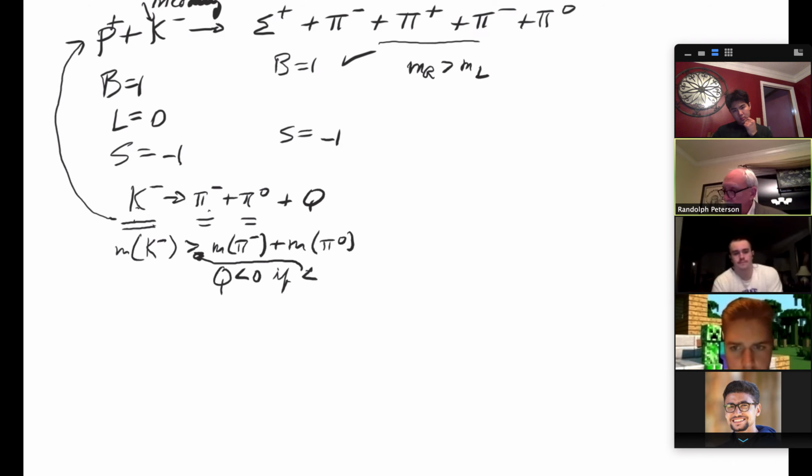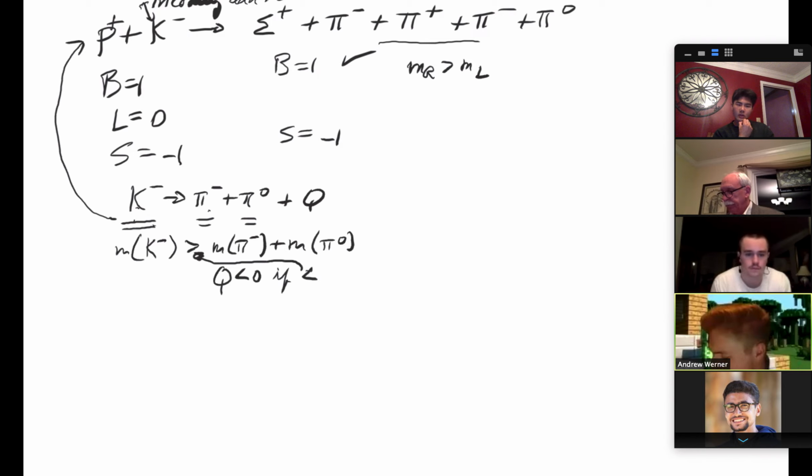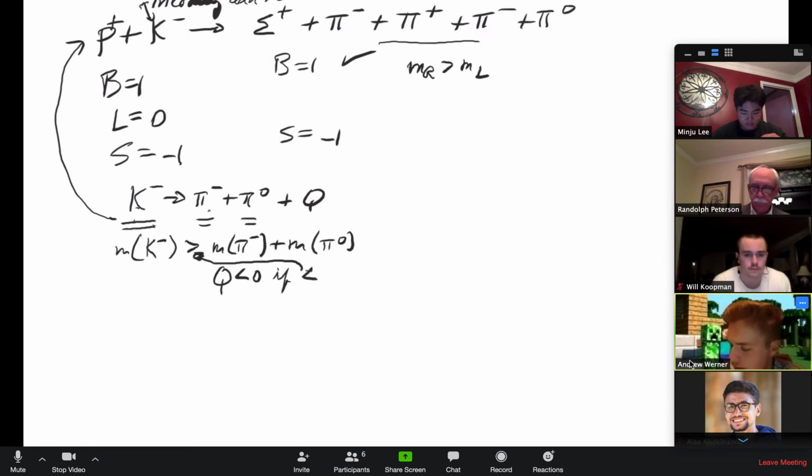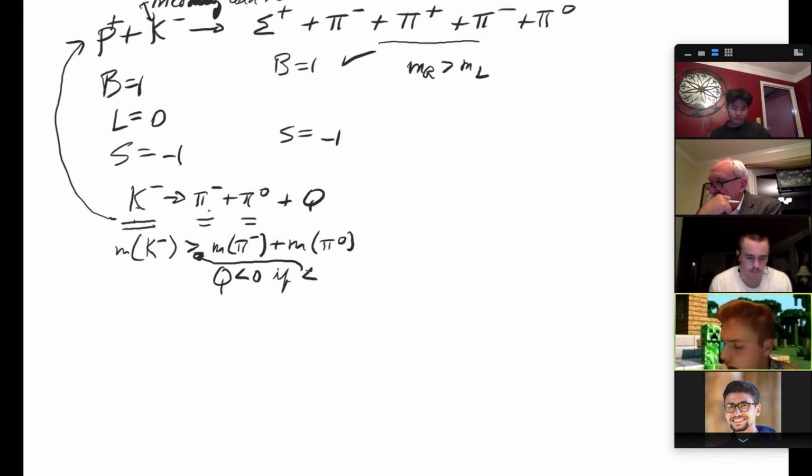But we can always just add more kinetic energy to the K minus coming in, so that when it hits a proton, it has enough mass energy to make all these things. So basically, if the right side is less than the left side, then the mass energy would be conserved, right?